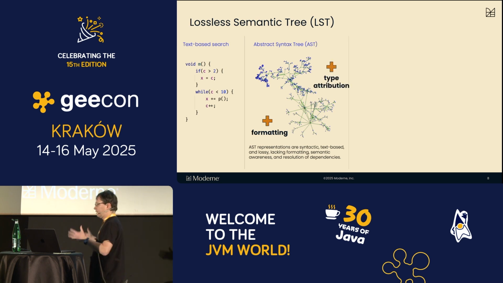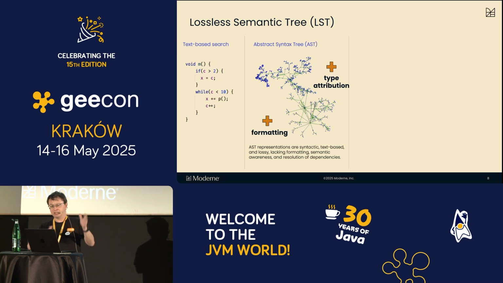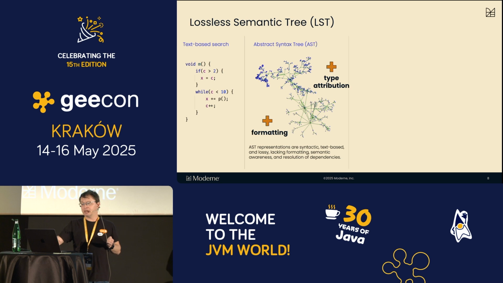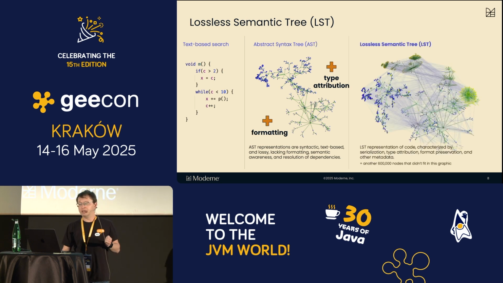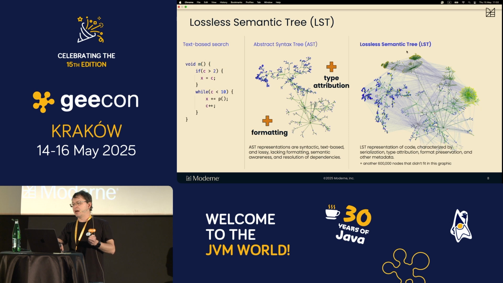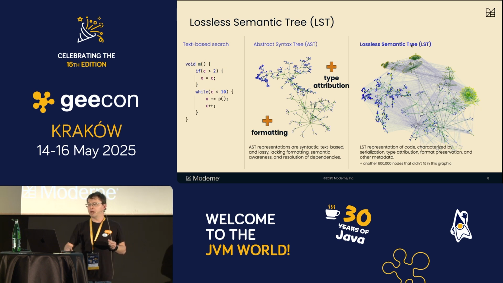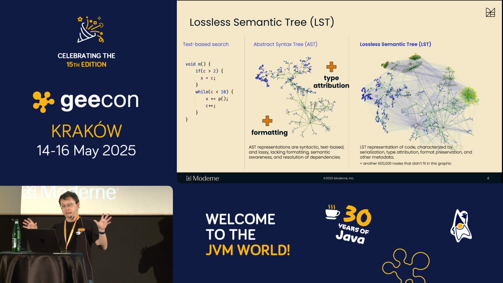A little bit later, I will explain what type attribution is and how it looks. By adding this additional information, we have the so-called LST tree, the lossless semantic tree. And the number of additional items or subnodes added to this tree is very huge.